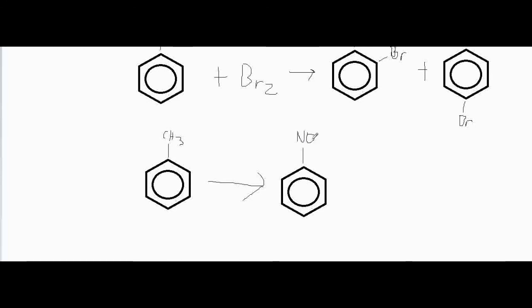So we end up with the methyl group keeping its position, and then the nitro group would be formed here, and would once again be formed down at the para position down here.